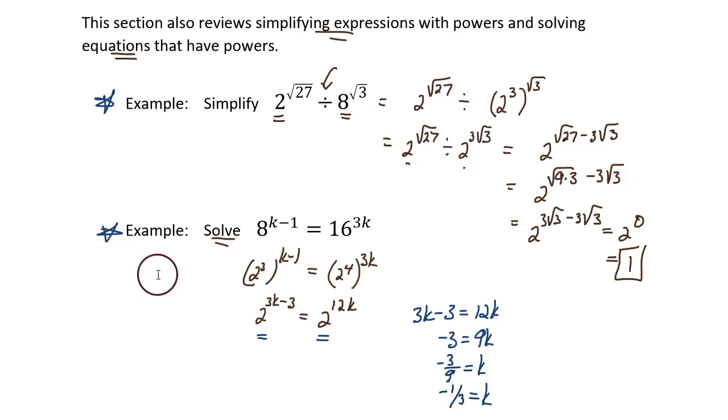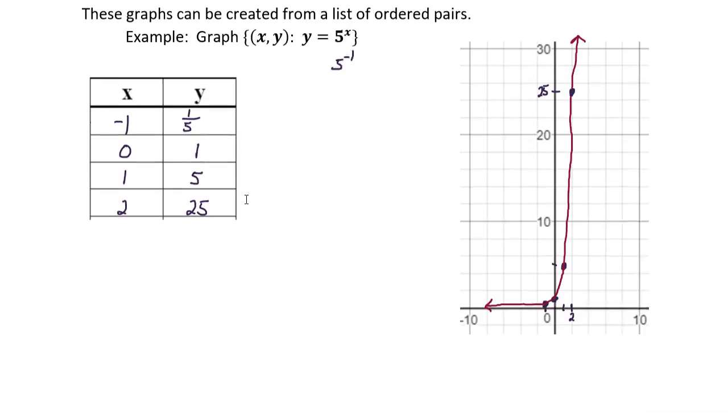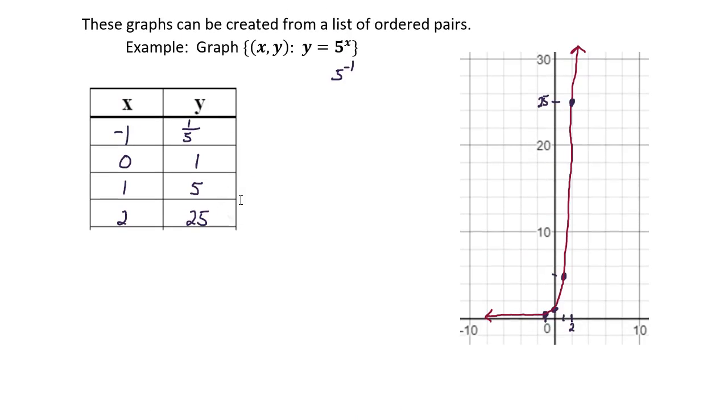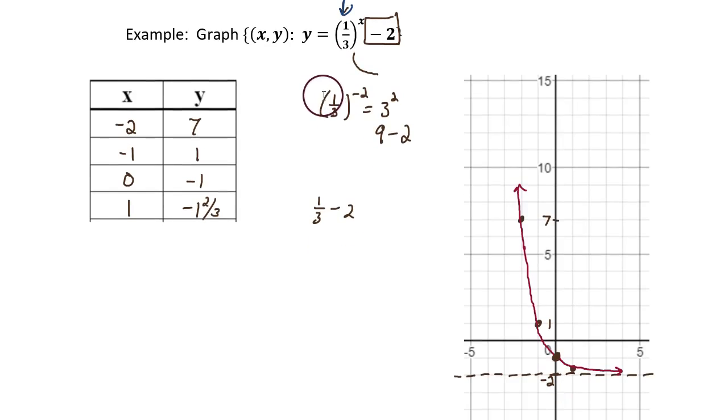Let's summarize the lesson. The first thing we looked at is the skill of graphing exponentials. We tried an example of exponential where the base was a number greater than 1, and it made a curve that increased. We also did an example where the base was a fraction between 0 and 1, and this time the curve decreased.